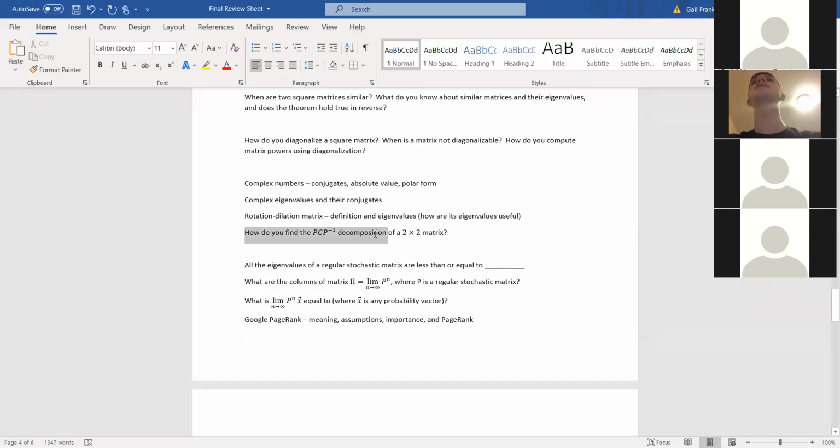How do you find the PCP negative 1 decomposition of a 2 by 2 matrix? Your P is the one where you're finding the eigenvectors for A minus BI. Actually, I'll just switch to my notes so I can show you the formula so I don't have to say it out loud.